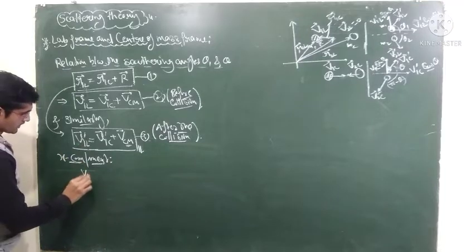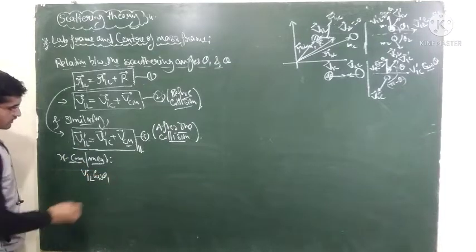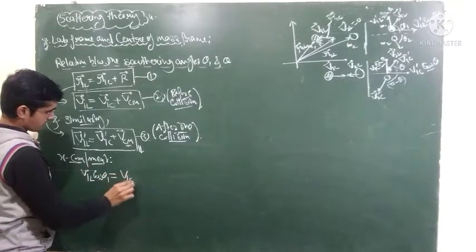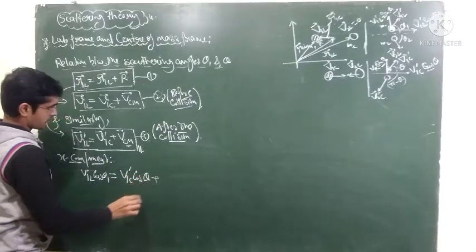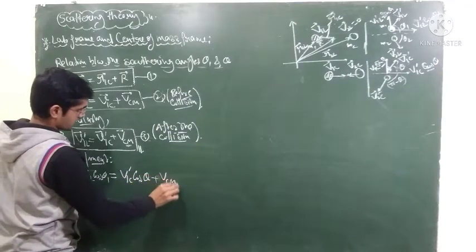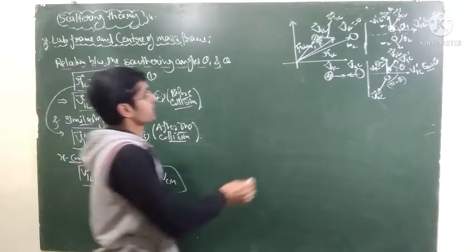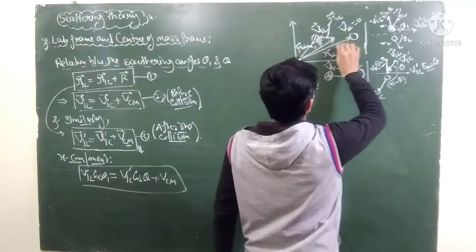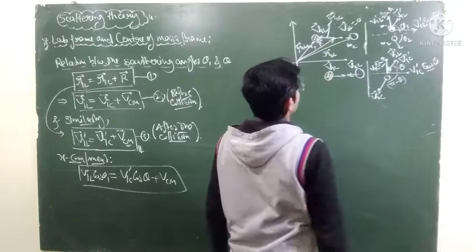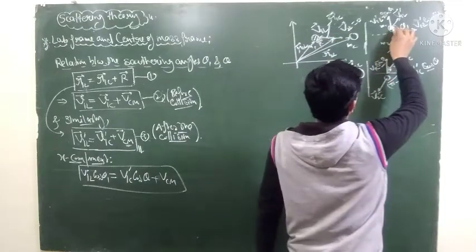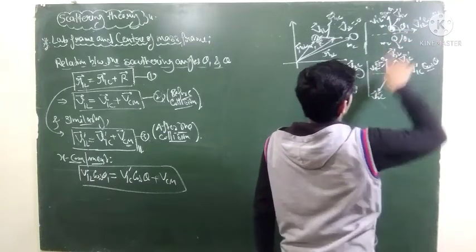So from that particular figure, the x component of the velocity of particle 1 in the lab frame will be v1l dash cos theta1, which will be equal to v1c dash cos theta plus vcm. Why? Because the center of mass was moving before the collision in this particular direction, the x-axis, and even after the collision the center of mass will always be moving in the same direction.